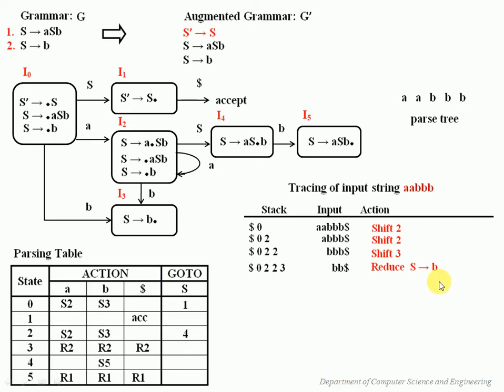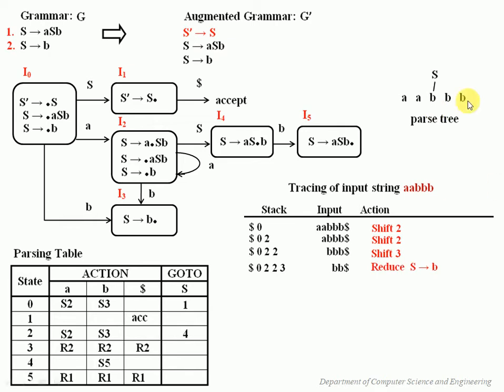Okay, now we need to see those steps. When you do a reduction operation, there is another step that you need to do, that we have already seen. So you have to see how many symbols are there on the right side. Okay, before that let us mark that in the parse tree also. So the first B is getting reduced to S. So in the parse tree let us mark that.